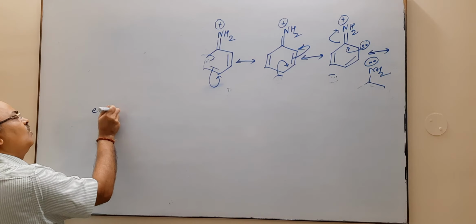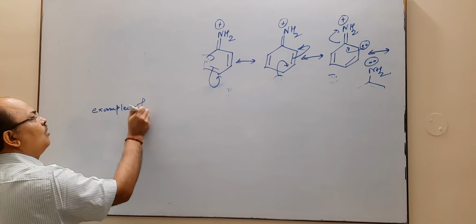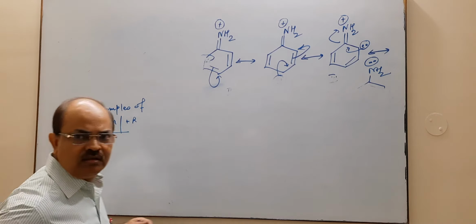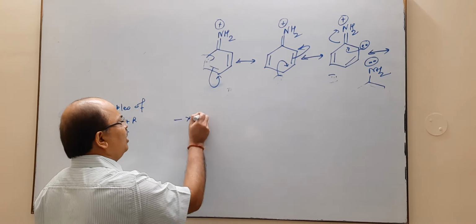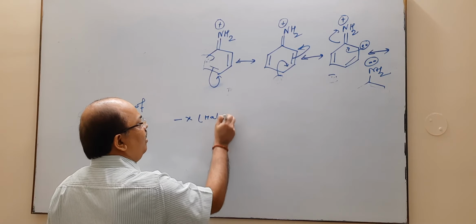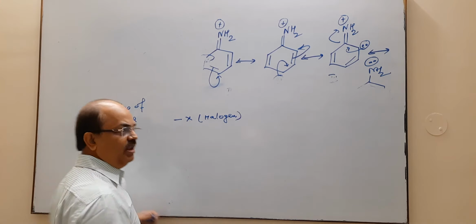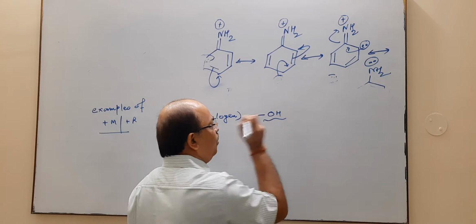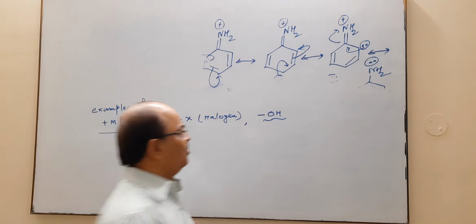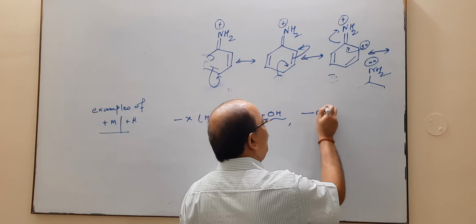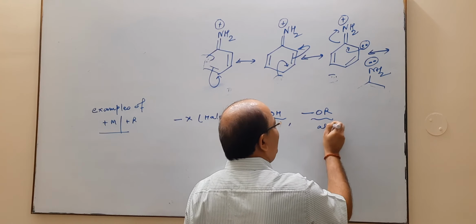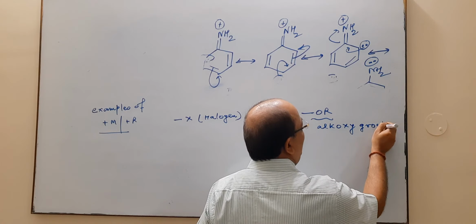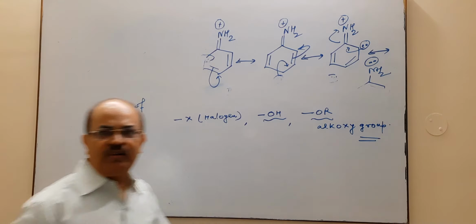Examples of plus M or plus R. Number 1, halogen group. Halogen group is of plus M or plus R. Then we have alcoholic group, that is OH. Then we have OR, OR is called alkoxy group.